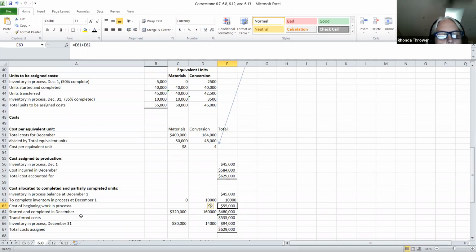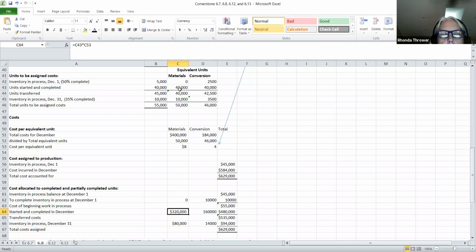The next thing is to assign cost to those units that are started and completed. So we know that we're going to have some materials because we're starting these units, and the materials are added at the beginning of the period. So I'm going to go back up to my equivalent units, materials.